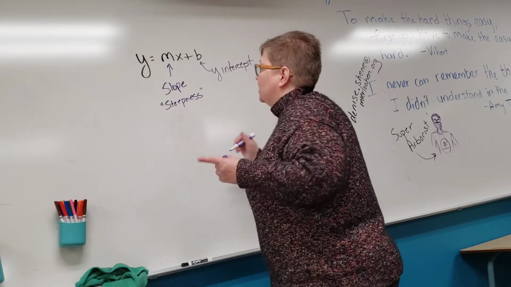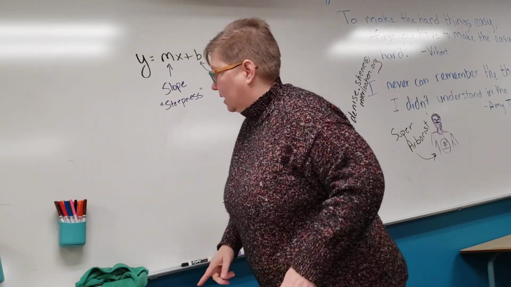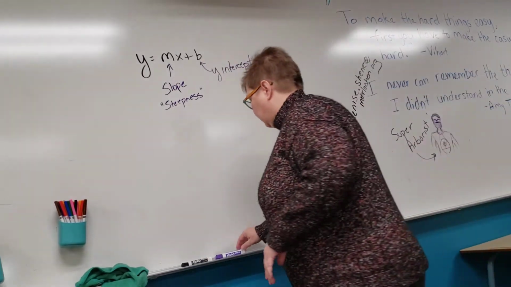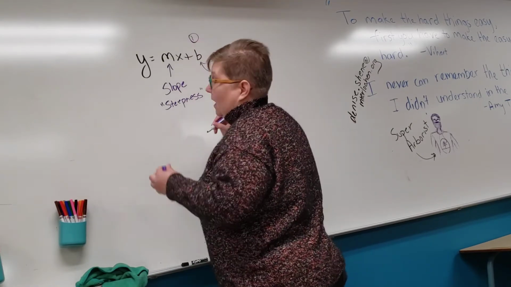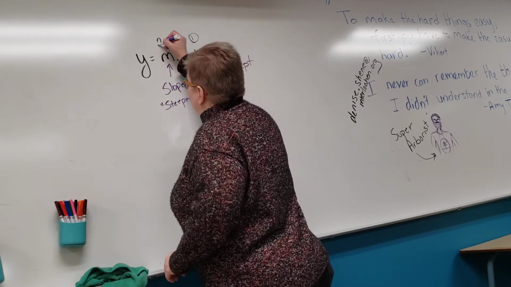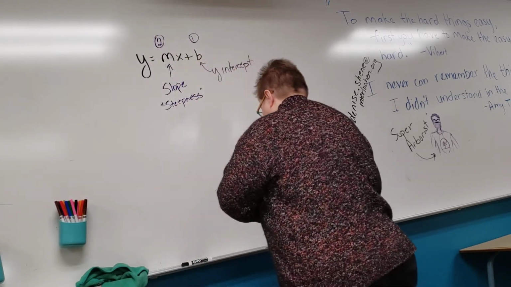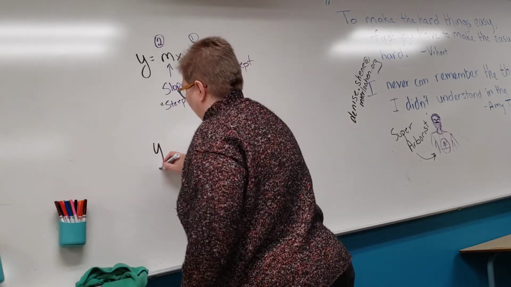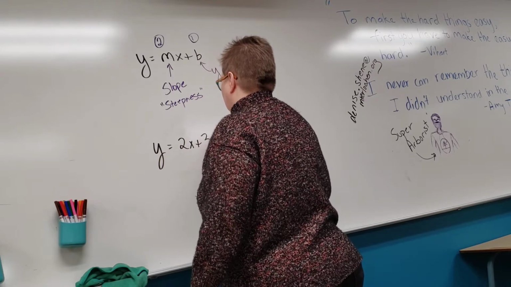So if I'm going to plot, I am going to start with the y-intercept, then without lifting my pen up off my paper, this is where I go next. Let's talk about an equation like y equals 2x plus 3.